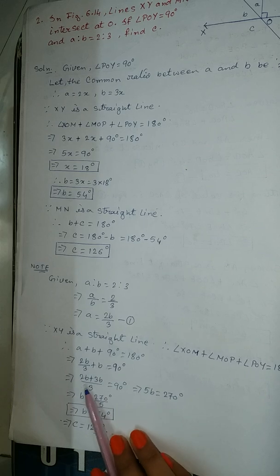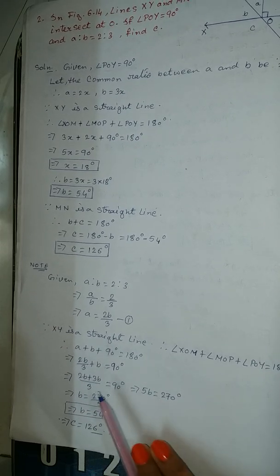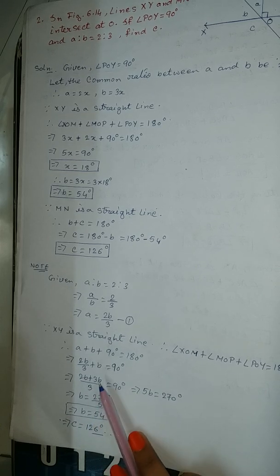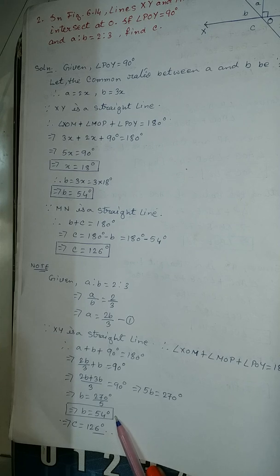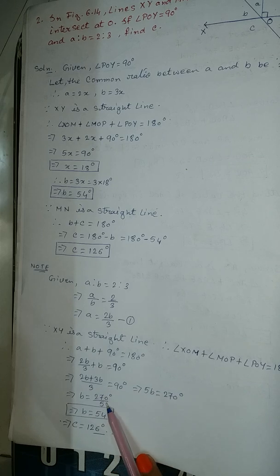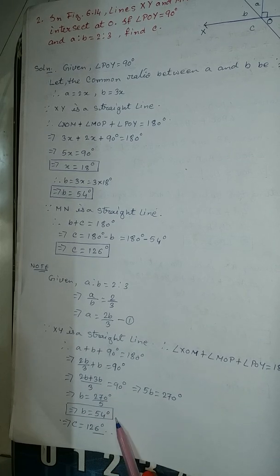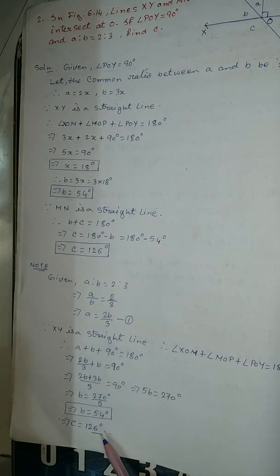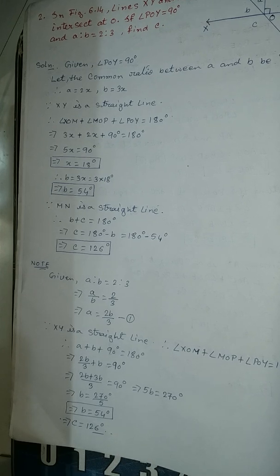Now we are getting a relation where we have only the unknown term B. So we solve for B and we get the value of B as 54 degrees. I hope the calculation is clear to you. We'll take the LCM right over here and find out the value of B. After getting the value of B in the same previous manner, we will find out the value of C. So that would be the end of question number 2.